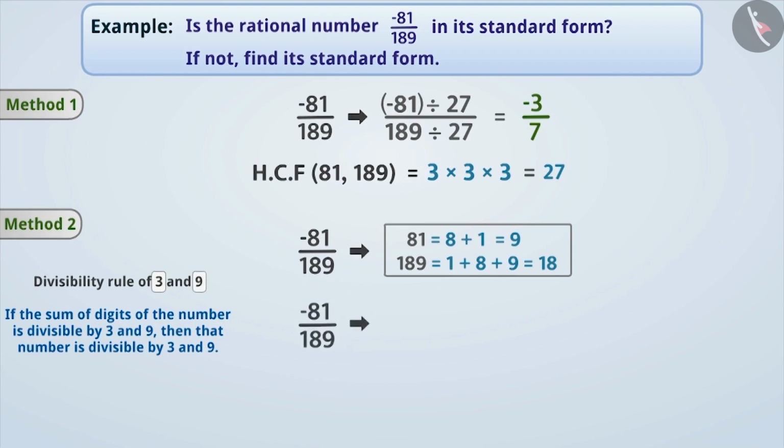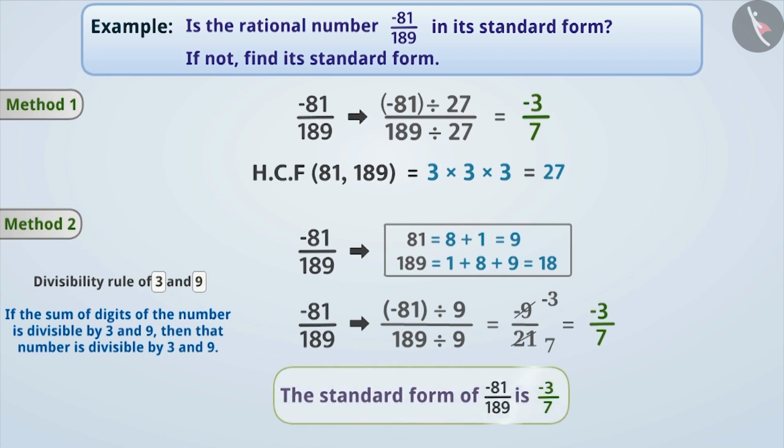Like here, we will divide both by 9. Again, we see that both the numerator and the denominator can be divided by 3. So we will again divide the numerator and denominator by 3. Now the numerator and denominator cannot be divided by any number other than 1. So we can say that minus 3 by 7 is the standard form of minus 81 by 189.